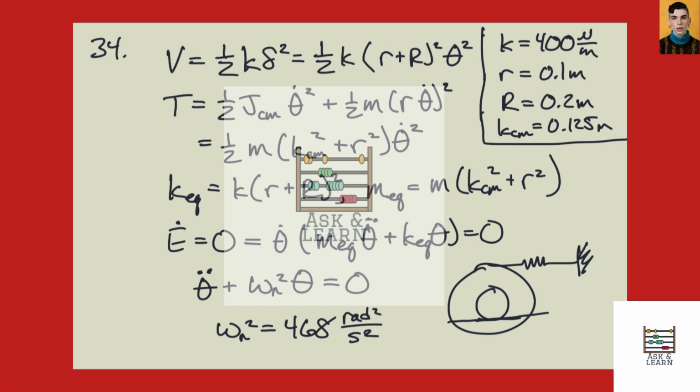So we can plug all our values in, and we get that the natural frequency squared is 468 radians squared per second squared, so our differential equation becomes theta double dot plus 468 theta equals 0. And that is the differential equation that governs the motion of this thing back and forth.